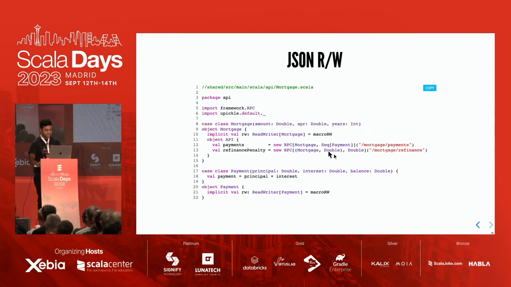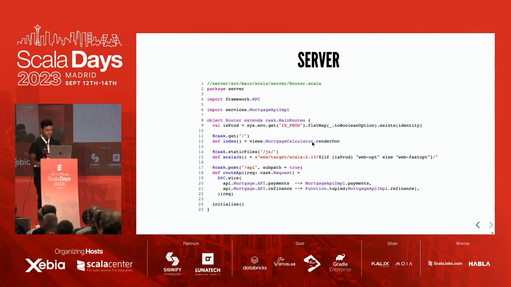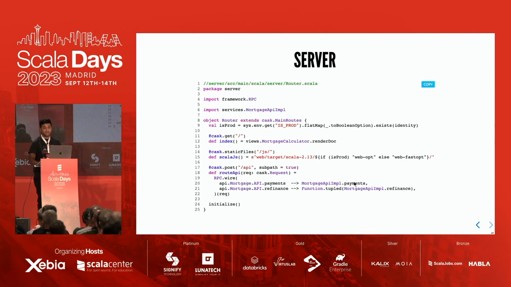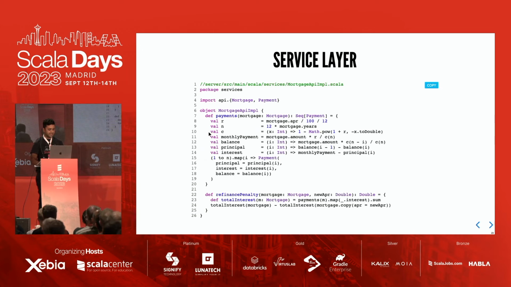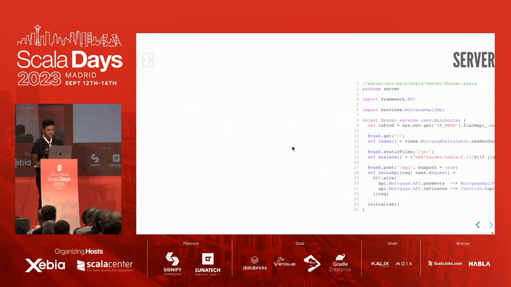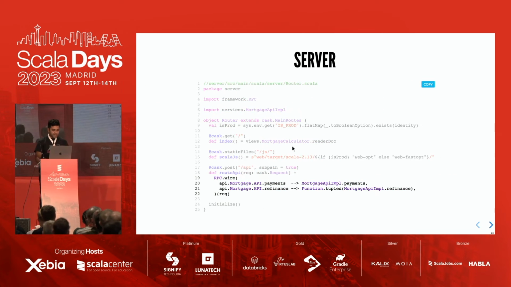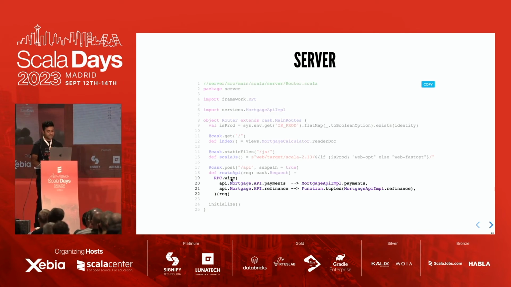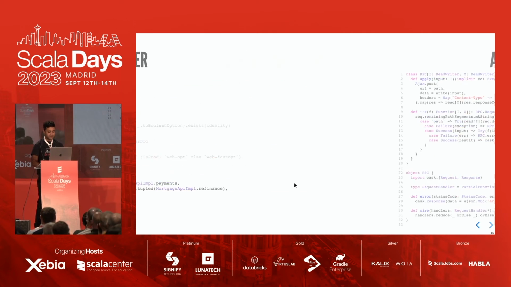And on the right side is actually the implementations of definitions, which is here. So this is in my backend server, and this is in my shared module. Okay, and this is it. I have showed you how things are served, how the APIs are wired. So the last thing I need to show you is how this RPC.wire and how this arrow is implemented.